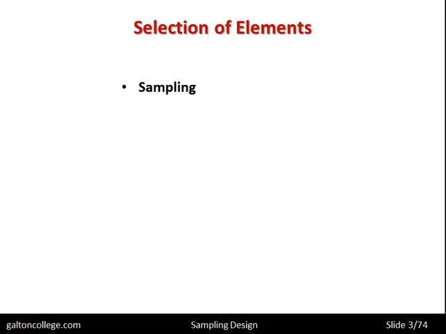So the first big term we come across here is sampling. What is sampling and how is a sample selected? Second, we have the population elements. What is the population? The population could be people. It could be customers for a particular product. But the sample could also be some physical items, a sample of rocks for a geologist.